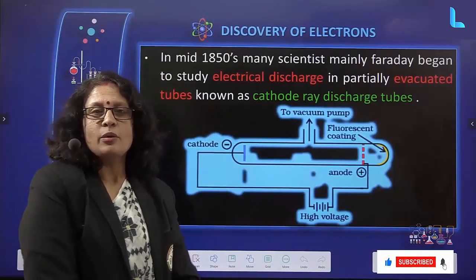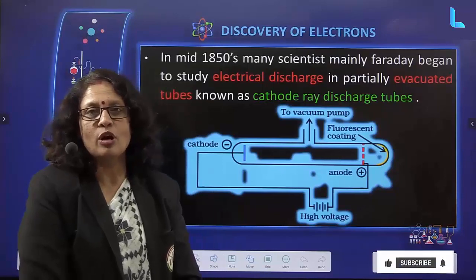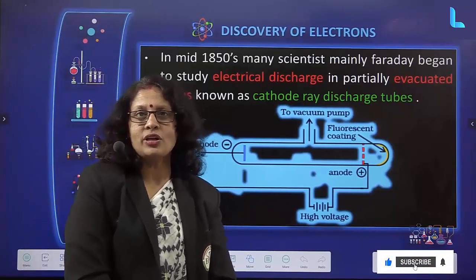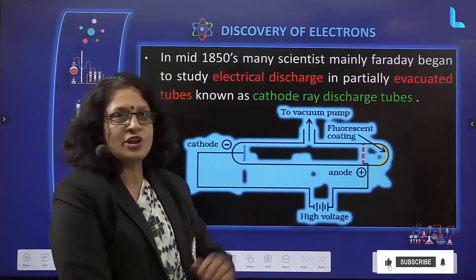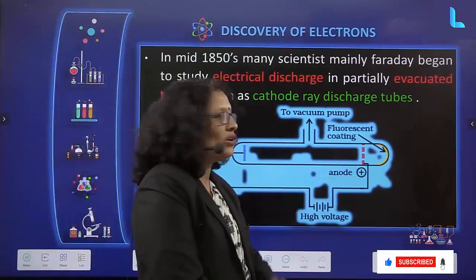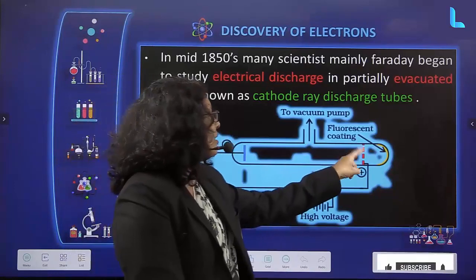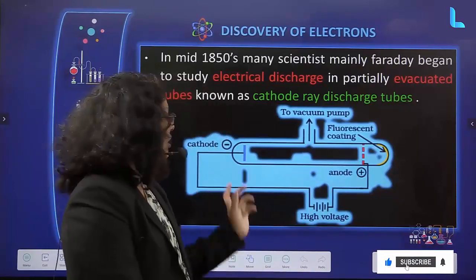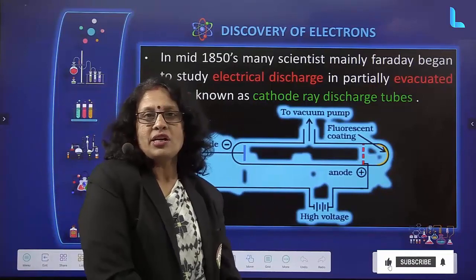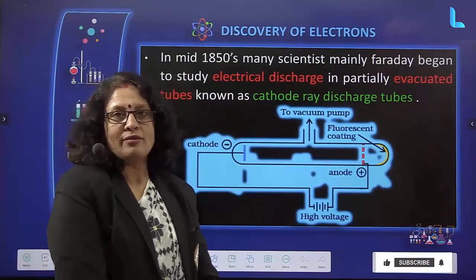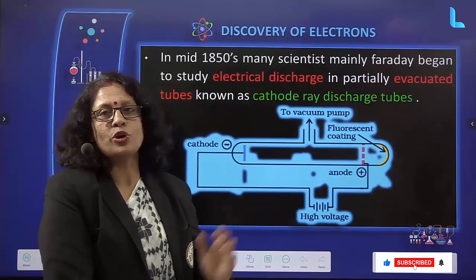It indicates the particles are negatively charged, because opposite charges attract each other. Similarly, to identify this further, a small hole is made in the anode part and a fluorescent coating is done, and when the discharge is passed again, it is observed to glow. So it indicates the particles have some significance, which is shown by that glow.